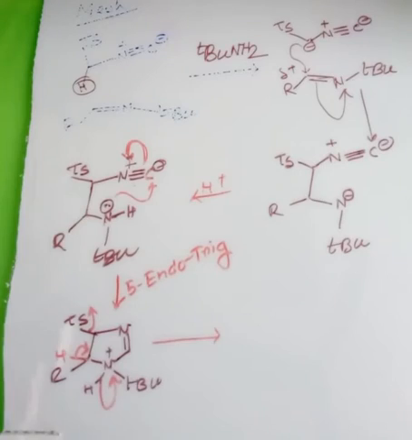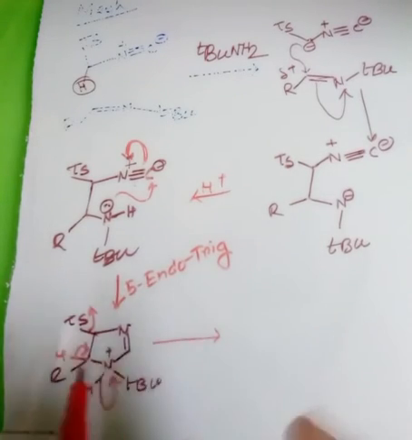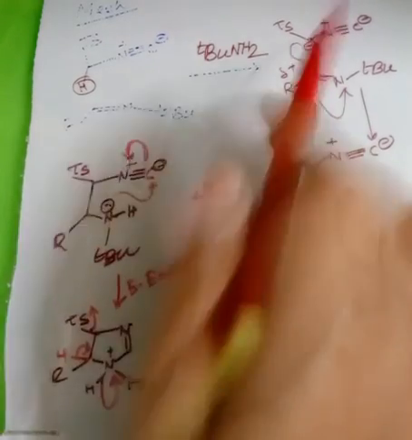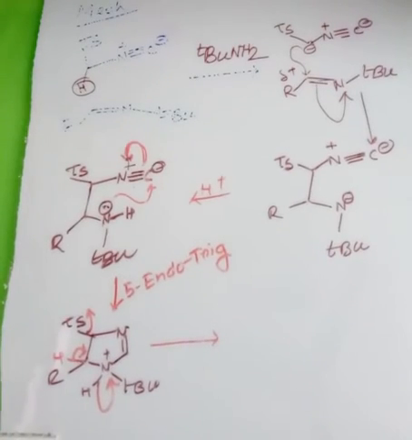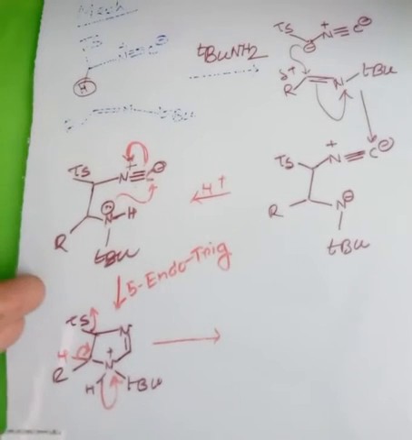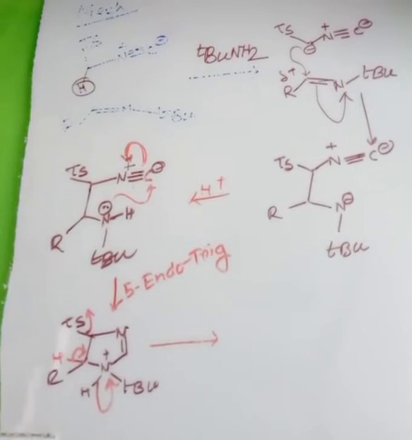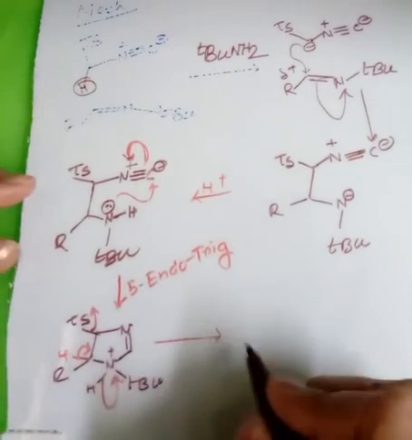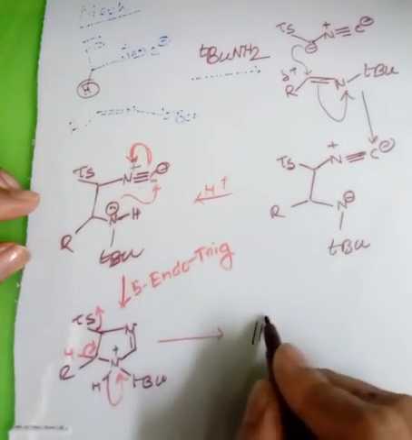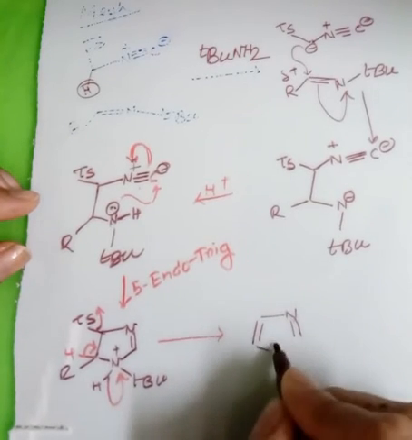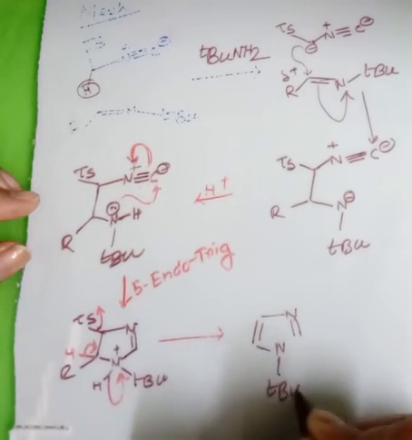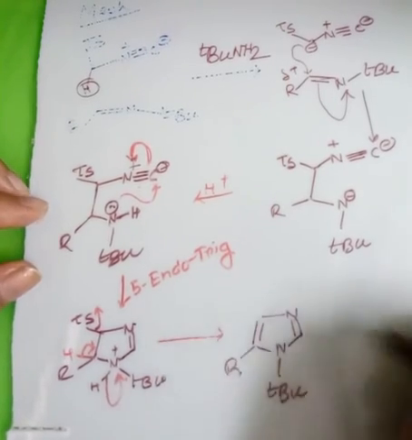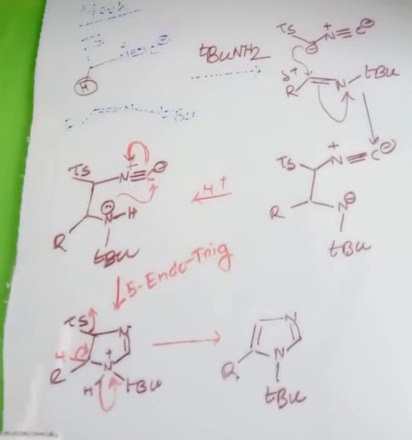So we are using the tosyl group here. It is very important: by using the tosyl group we can generate the anion easily, which stabilizes the anion, and the tosyl group also acts as a good leaving group. So double bond generation is feasible here. We are using the tosyl group in the reactant, and the ultimate product is our desired imidazole substituted at the N position and at the 5 position also.